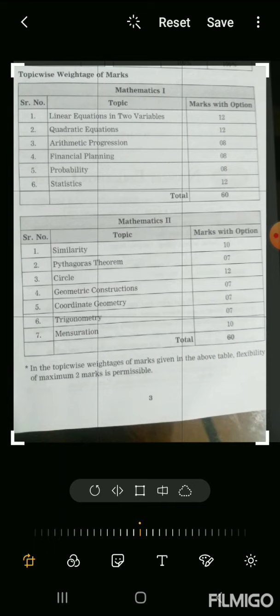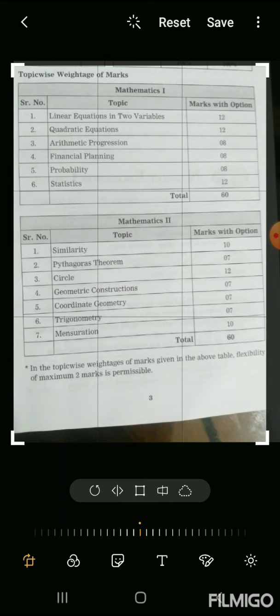Topic number 4, geometric construction, contains 7 marks. Topic number 5, coordinate geometry, contains 7 marks. Topic number 6, trigonometry, also contains 7 marks. And topic number 7, mensuration, contains 10 marks. Here also the marks with options are 60.